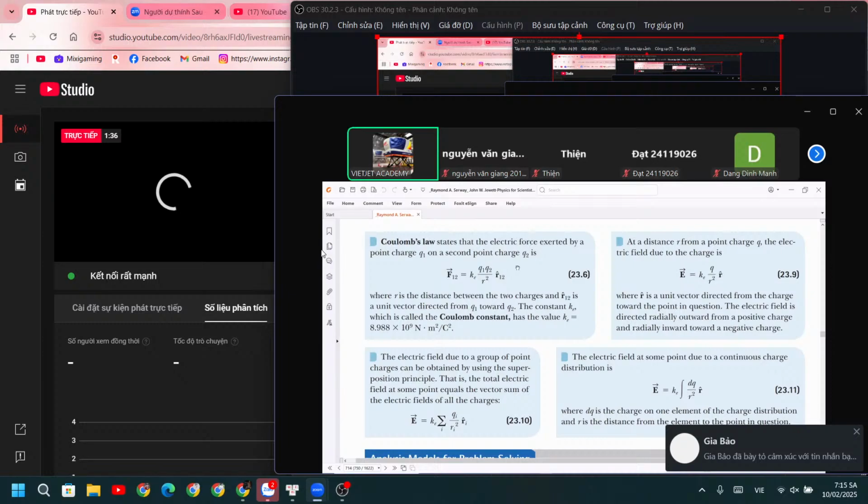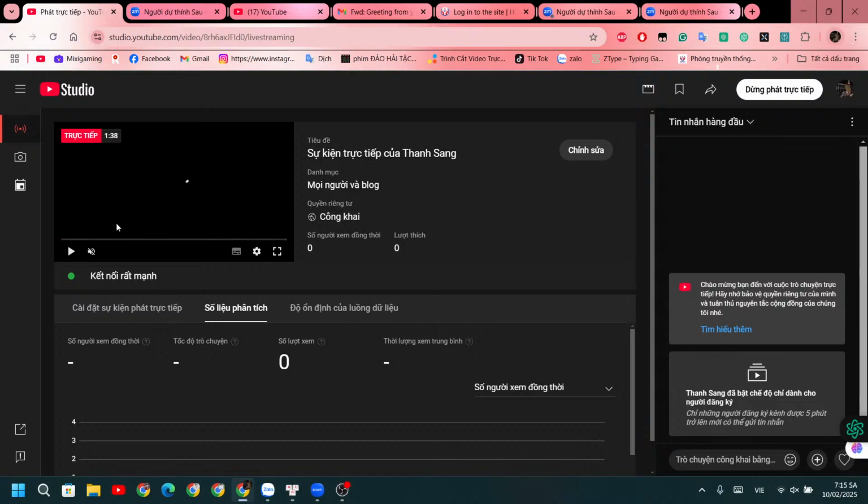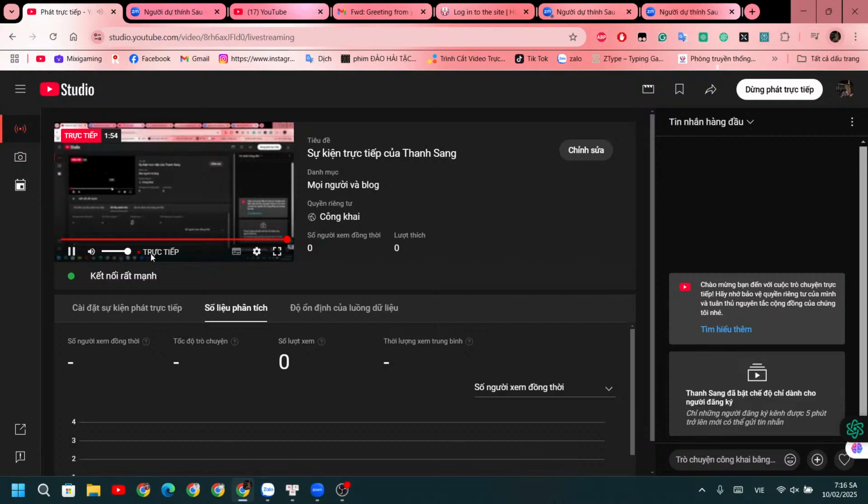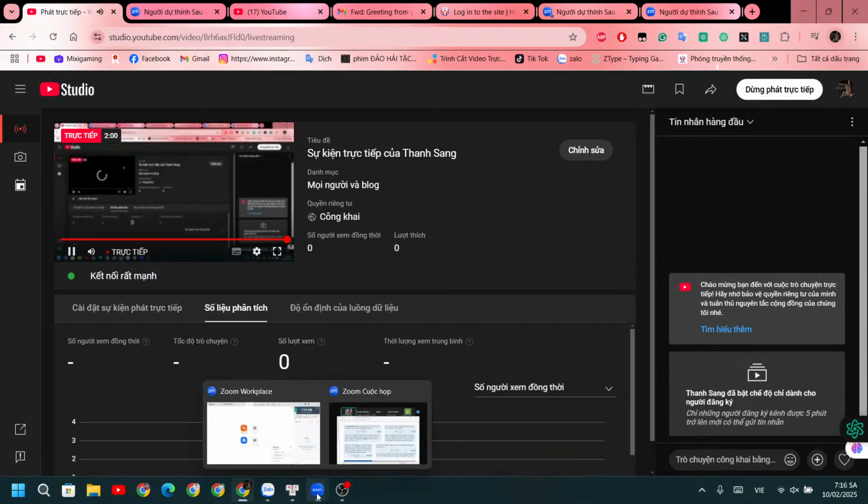Then if you want to calculate the electric field of a single charge Q, you can use the definition by dividing the force by the charge, and you get this equation.